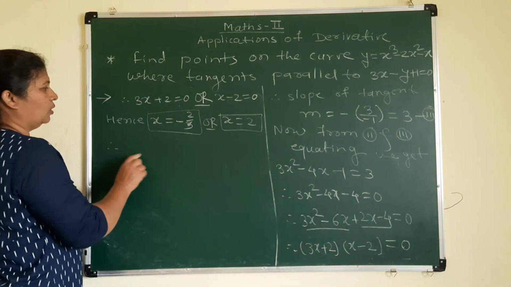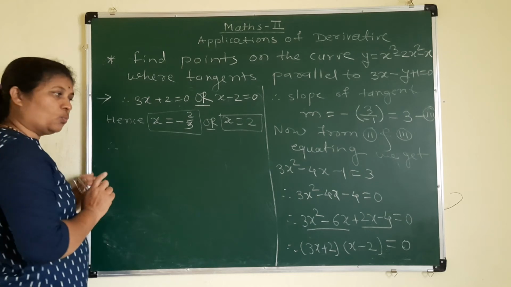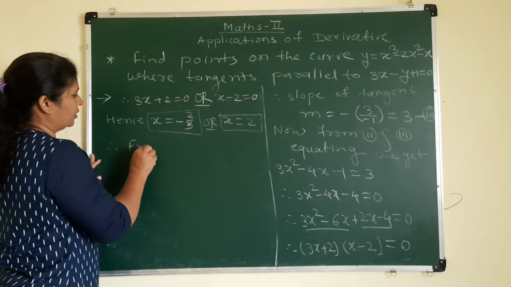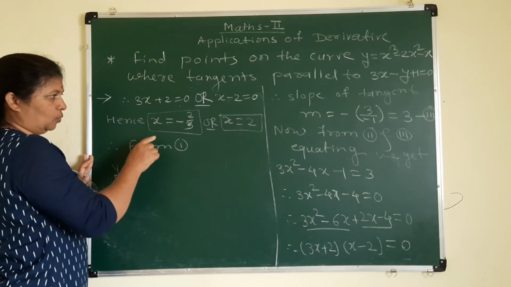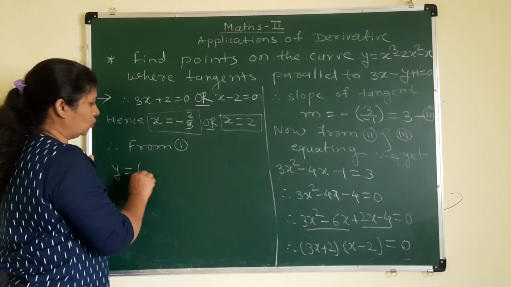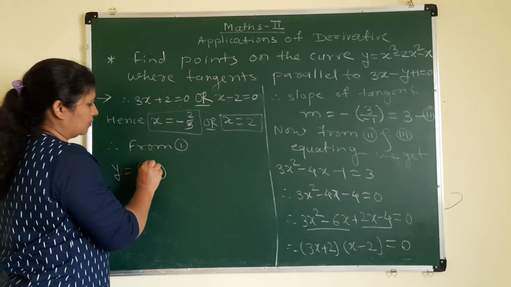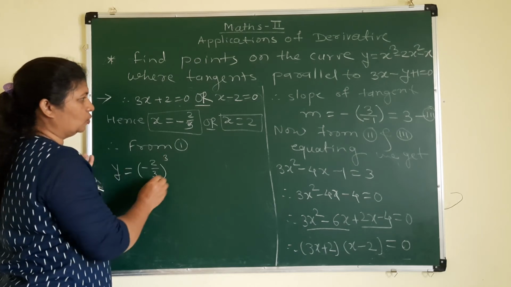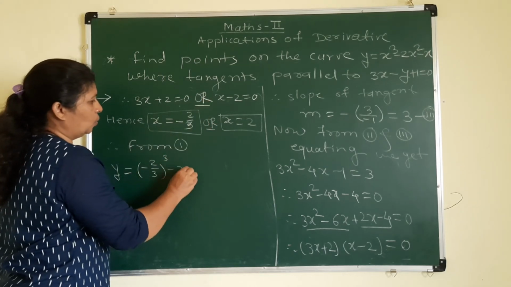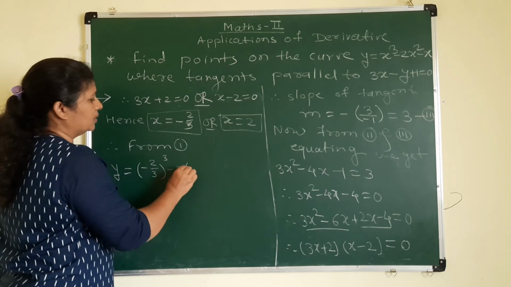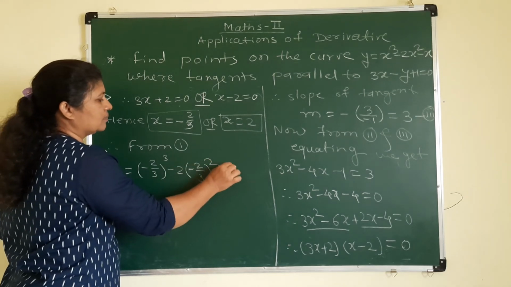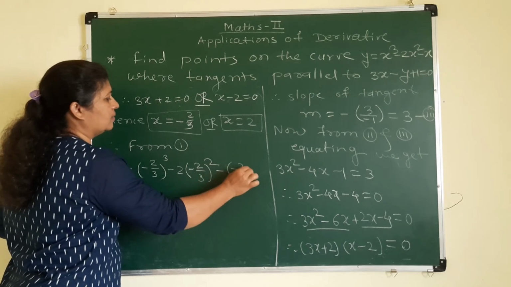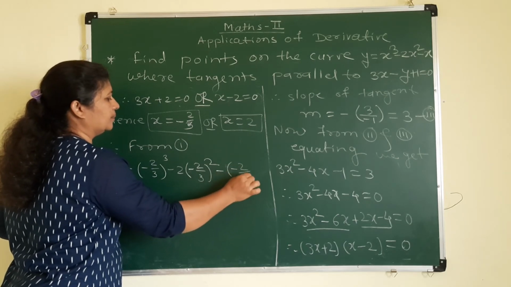Therefore, substituting in equation 1, from equation 1, I get y is equal to, what is equation 1? x cube minus 2x square minus x. Put this x, minus 2 by 3 bracket cube, minus 2 into minus 2 by 3 bracket square, and last one is minus x, that is minus 2 by 3.